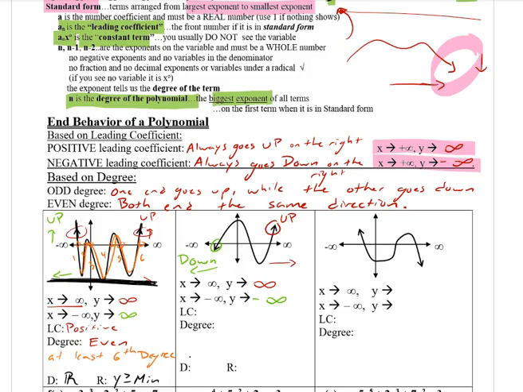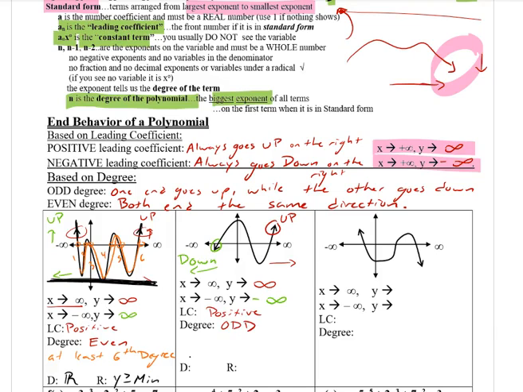My leading coefficient, because I'm going up on the right, is going to be positive. My degree, because they're going opposite directions, is going to be an odd degree.